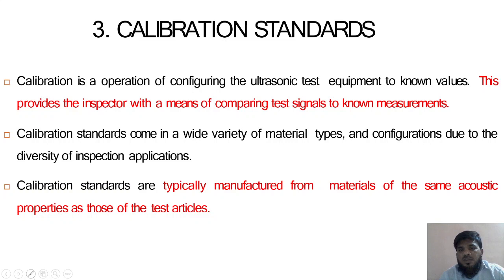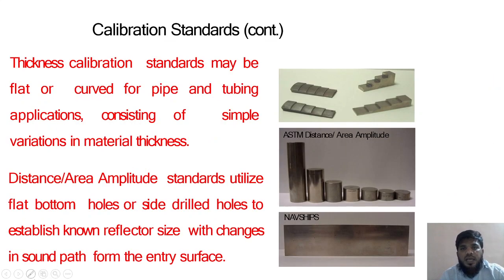Calibration standards come in a wide variety of materials and configurations due to the diversity of inspection applications. Calibration standards are typically made from materials with the same acoustic properties as those of the test articles. So the calibration standards generally have flat, curved, circular, and hole surfaces.